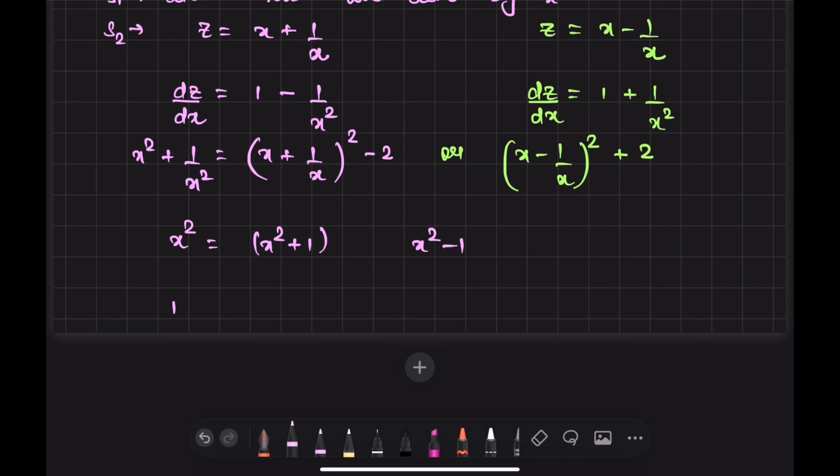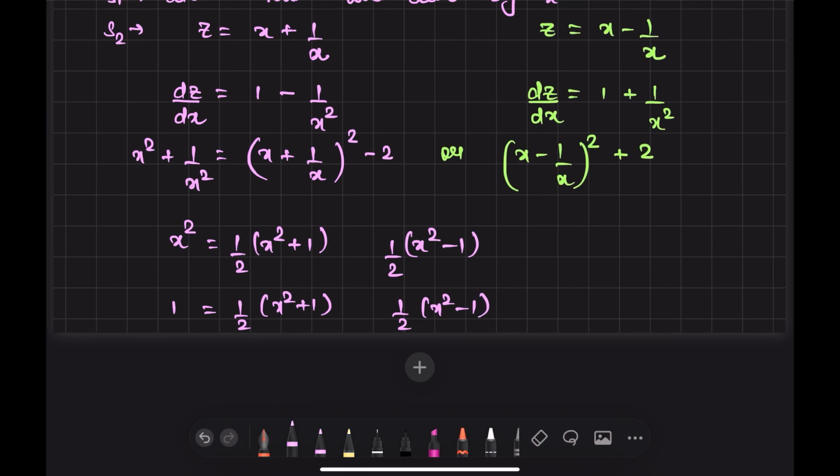So what we should do, we will multiply both the entities by 1 by 2. I will write the same thing again: 1 by 2 x square plus 1, 1 by 2 x square minus 1. Now what do you want?